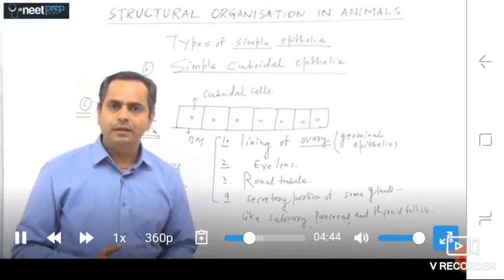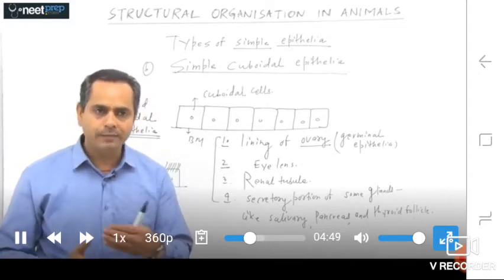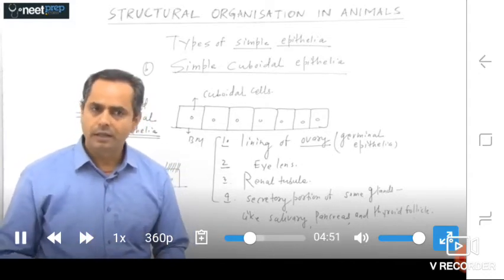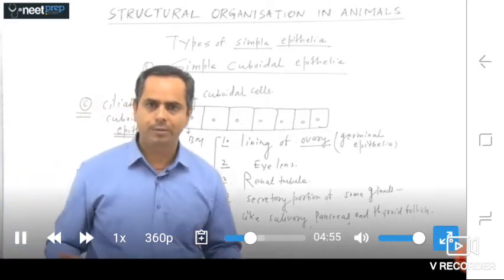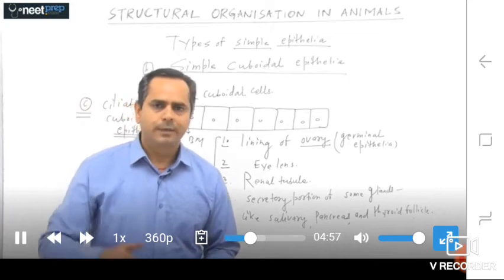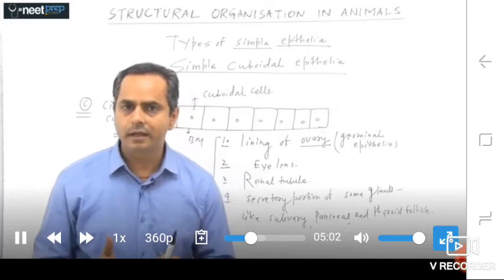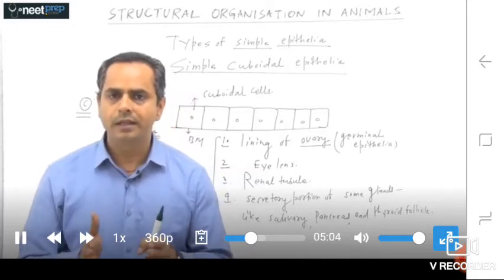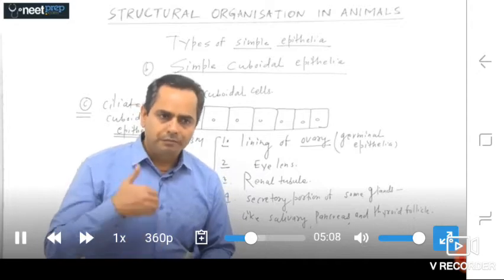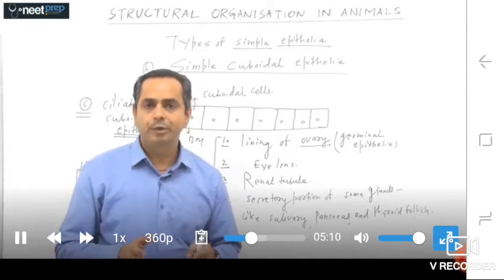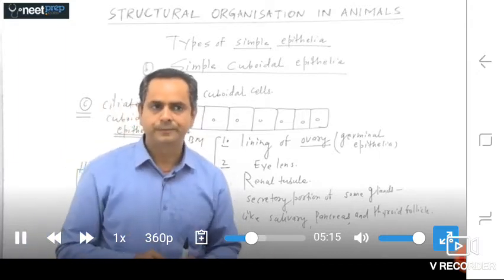So ciliated cuboidal epithelia is present in those parts where some kind of movement is required. Like if we talk about respiratory tube in our bronchi and bronchioles, the upper bronchioles and the bronchi, it is lined with ciliated cuboidal epithelia, and that helps in the expulsion of the mucus, the part of the dust that is mixed up with the mucus.